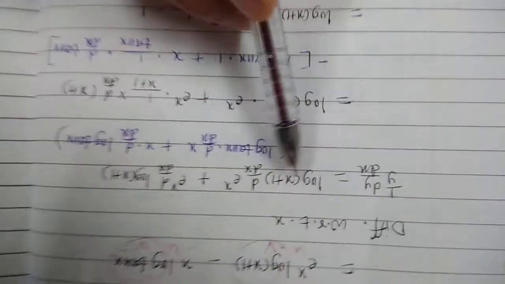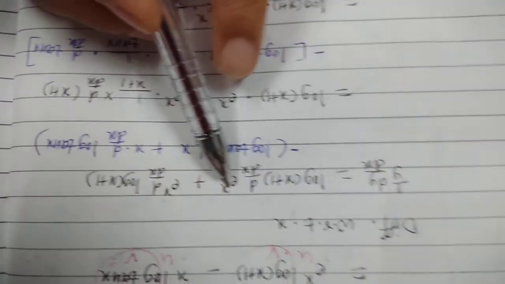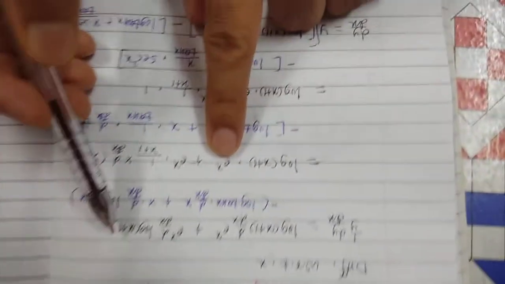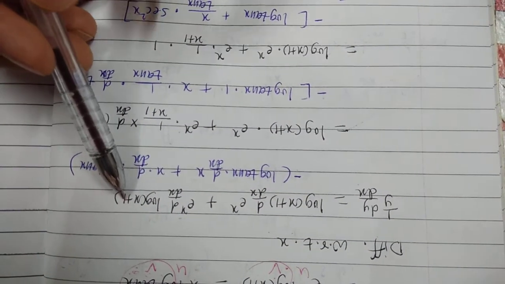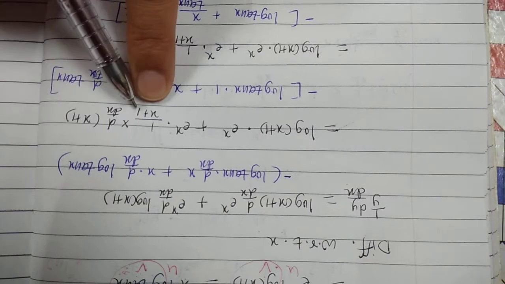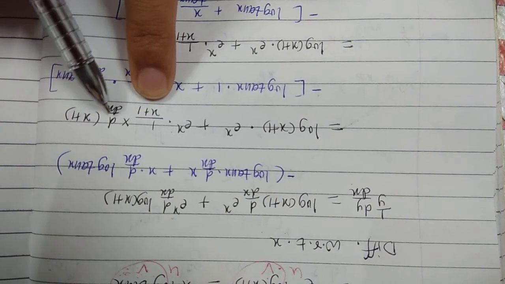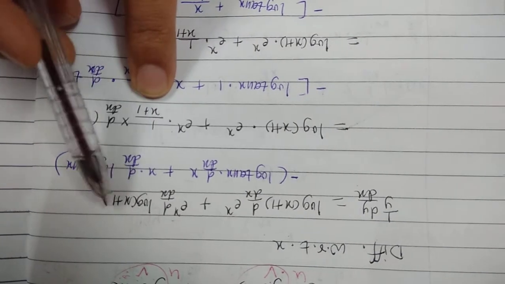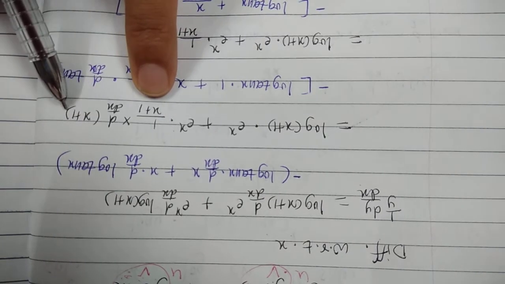For the first term, we take the derivative of e raised to x and write it as e raised to x. Then for log of x plus 1, we have to take the derivative as 1 upon x plus 1. Why? Because this is a composite function, multiplied by the derivative of x plus 1. So this is log of f of x: first take the derivative of log, then take the derivative of x plus 1.